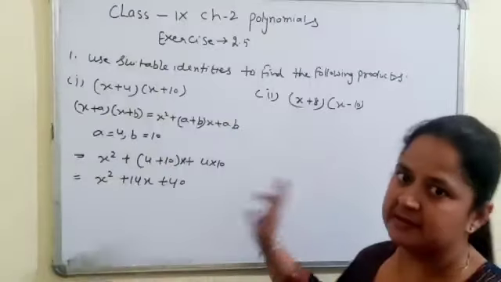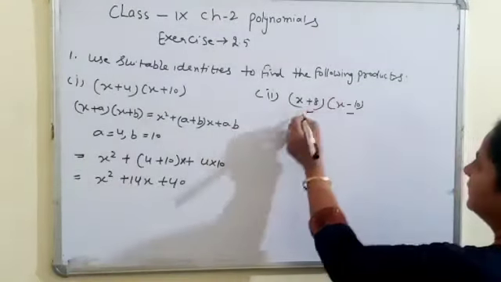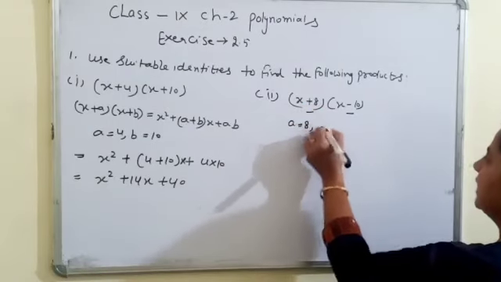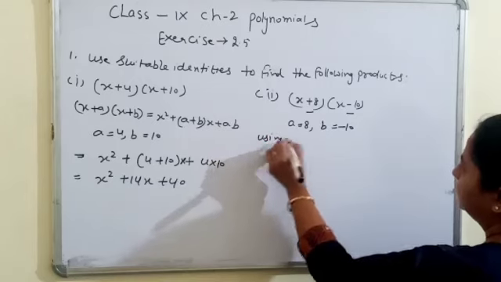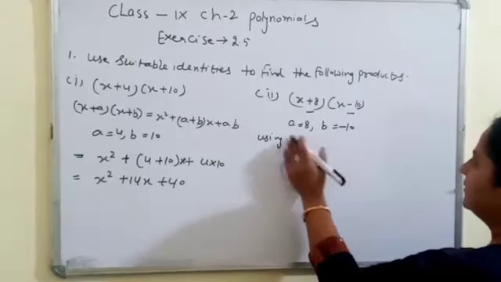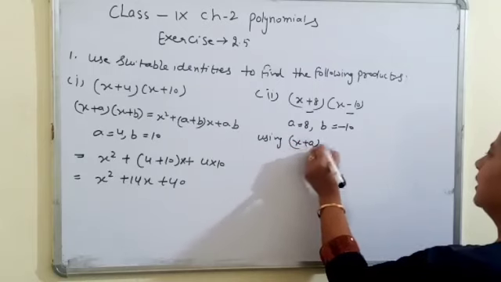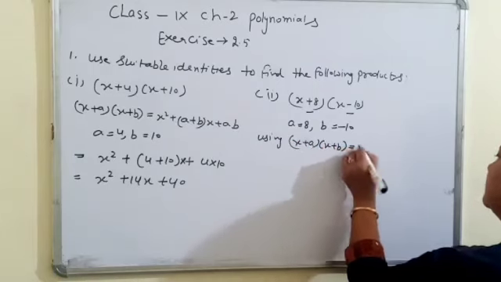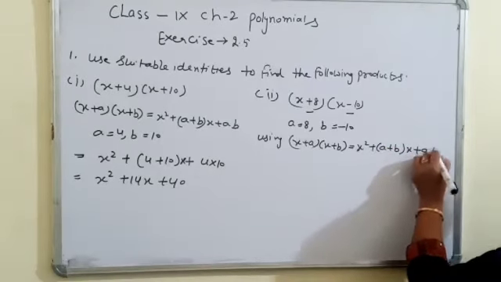Similarly, by following the same steps we will solve the second part. In this case you can see a is 8 and b is minus 10, and we have to use (x plus a)(x plus b) is equal to x square plus (a plus b)x plus ab.